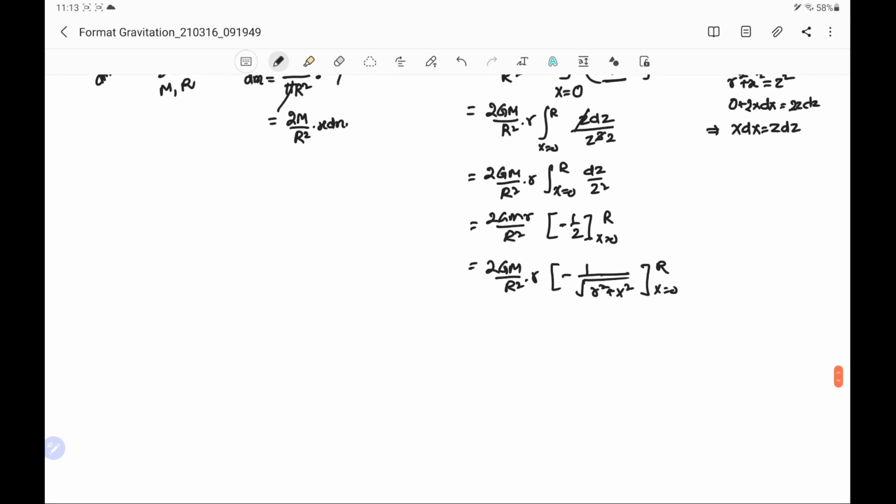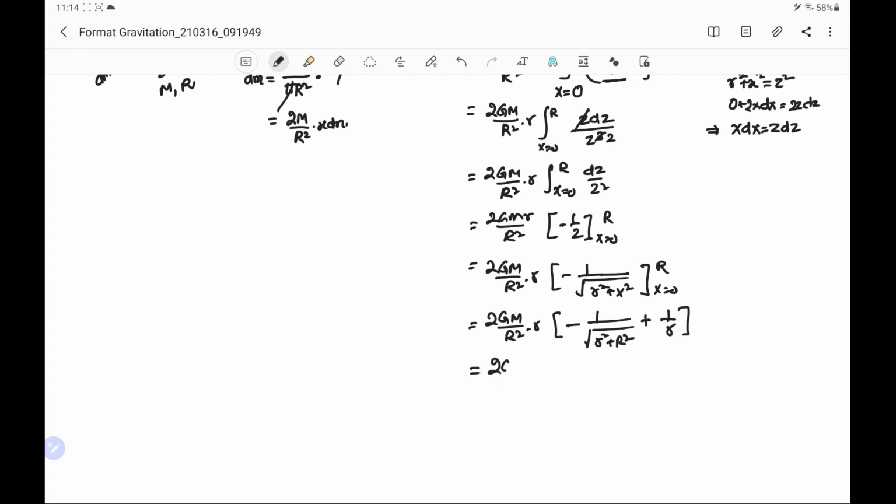Now we put the limits, so it is equal to 2GM upon R square into r. First the upper limit, it will be minus root of r square plus R square, then minus, and with this minus it will become plus, and put x equal to 0, so it will come simply 1 by r.